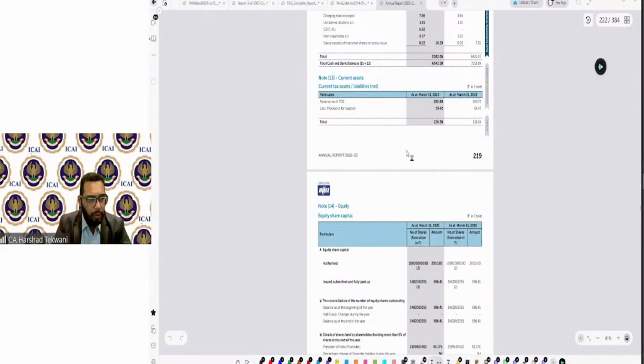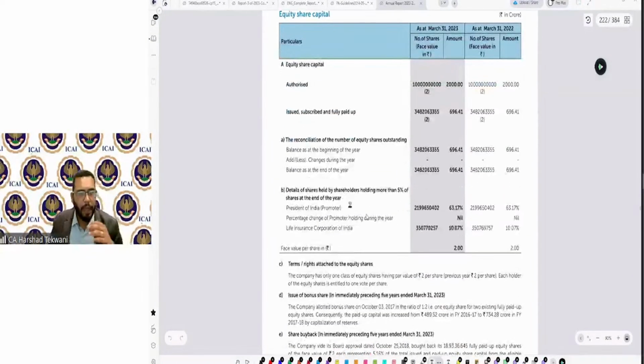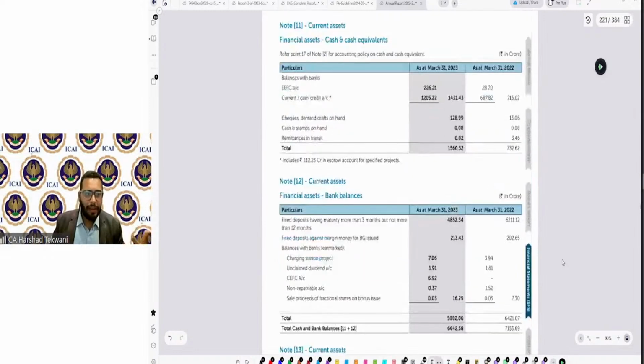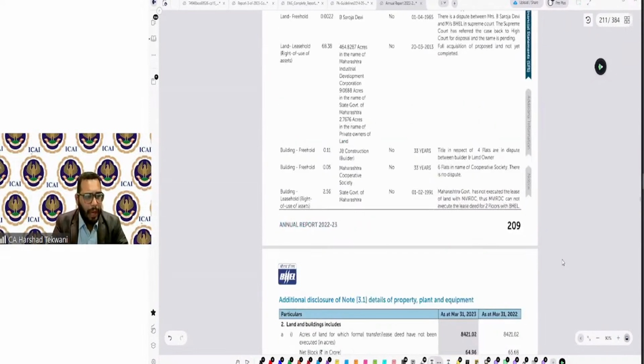Okay, I'll go on top. Now, this is one particular entity. If I talk about shareholders over here, to show you that it's a public sector enterprise or public sector undertaking, 63% is with the President of India. It's with the government, basically. So that's why I'll classify this as a public sector undertaking. It's a PSU. And I'll go to the audit report.